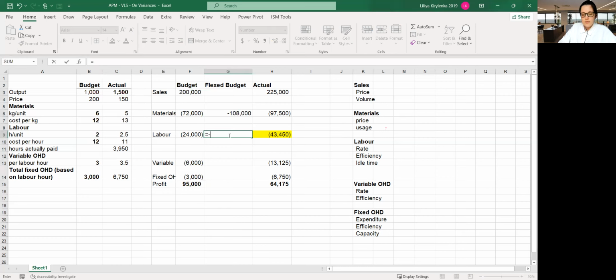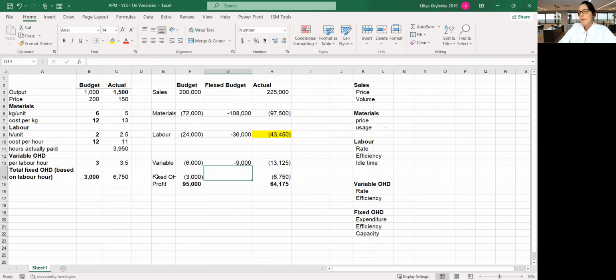The same goes in here for labor. We take 2 multiplied by 1,500 multiplied by 12. The same goes for variable overheads. We take $3 per labor hour, multiply by the budgeted hours, budgeted consumption, and multiply that by actual units.